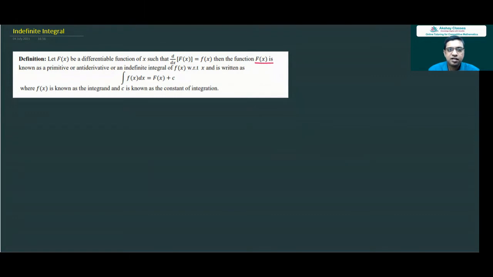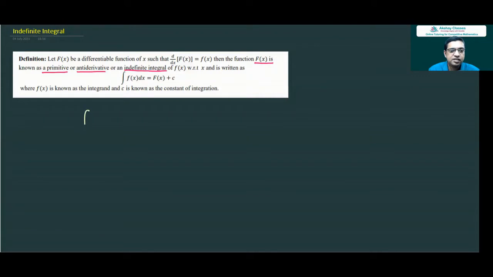Then this function capital F of x is known as the primitive or the antiderivative or the indefinite integral of f of x with respect to x. So this is the indefinite integral.